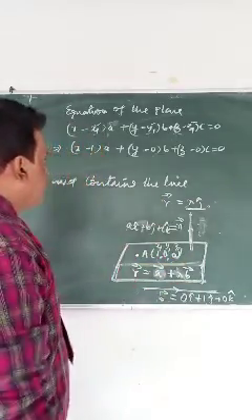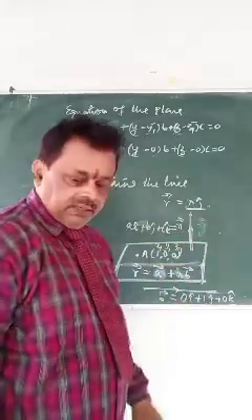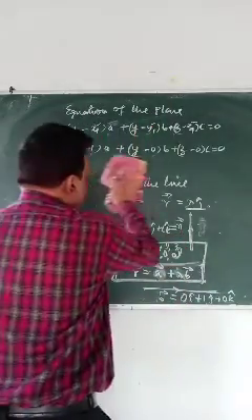You got it? Okay. Here you can write n is perpendicular to b.